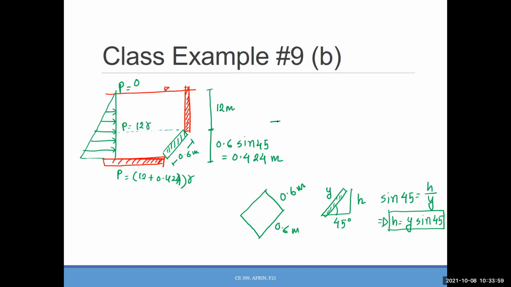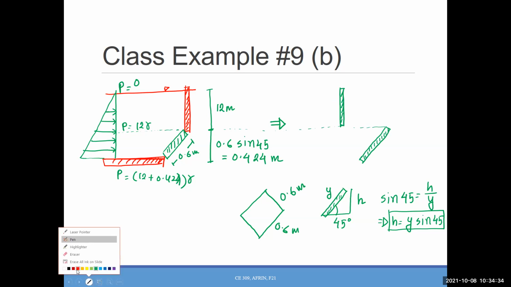So what we will do now, what is the direction of force to be considered as pressure? Like the force should be perpendicular to the surface, right? So what I will do, I will divide that into two parts just to show the proper pressure distribution here. So here, P equals 0, P equals 12 gamma.